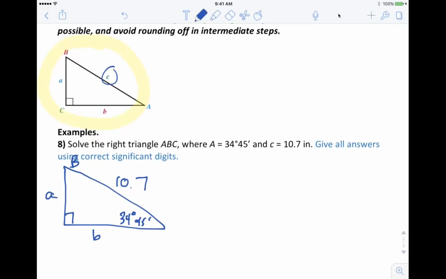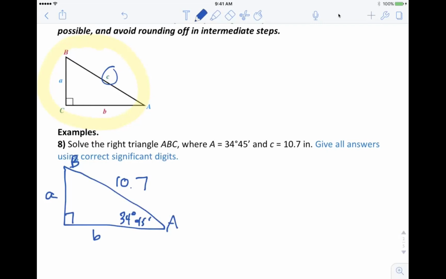Okay, so when you're trying to set this up, try to use what you know. As long as you only have one unknown variable in your setup, you should be able to solve the triangle. So what I'm looking at is this angle, the 34 degrees 45 minutes, and let's see if we can find the angle B. That would be probably the easiest thing to find at this point because you know the two angles A and B have to add up to 90.